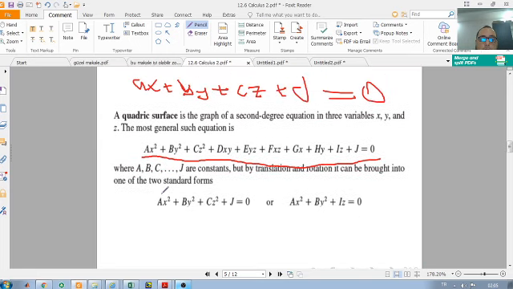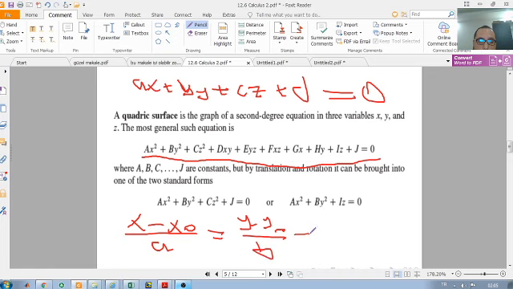in the three-dimensional coordinate system. And you know the general form of a line in three-dimensional coordinate system. If you remember the symmetric equations, it can be given as x minus x0 over a, y minus y0 over b is equal to z minus z0 over c.